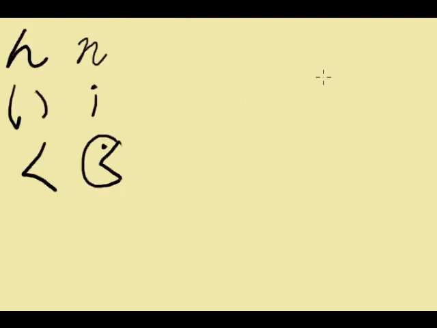Alright, here are our 3 characters so far that we've studied, with the little notes. Remember the purpose: you hear a sound, ku, you think of Pac-Man, and with Pac-Man you realize the mouth, so then you get the character for ku. This sounds like a difficult road to take, but bear with me for a moment.